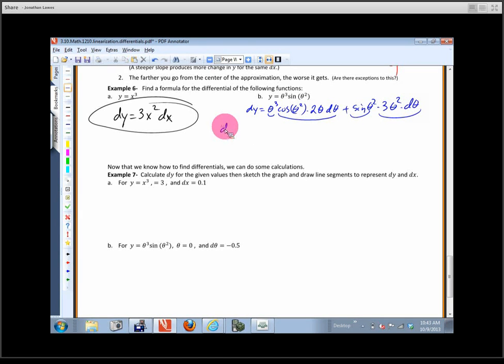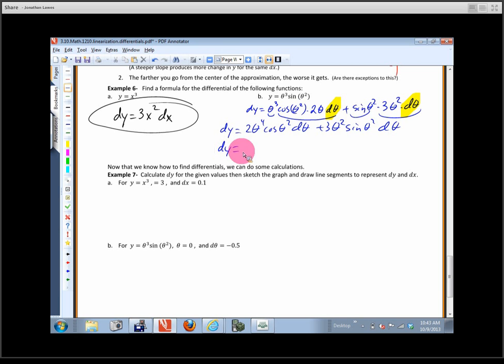So let's write this down. Let's clean this up just a little bit. I'm going to write the d thetas on the end. Can I factor anything out? I've got a theta cubed here and a theta, so maybe I ought to write this as 2 theta to the fourth cosine theta squared d theta, and then this one is 3 theta squared sine theta squared d theta.